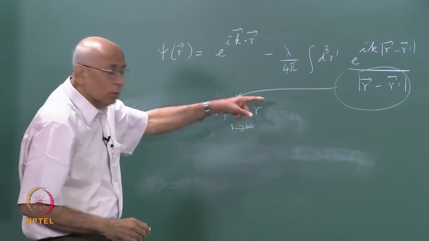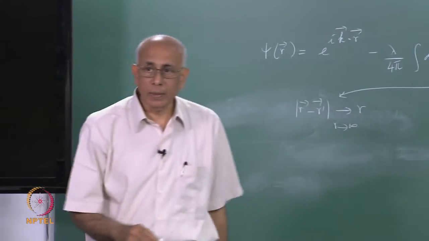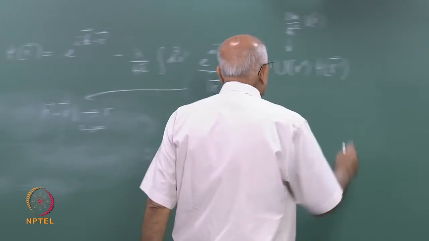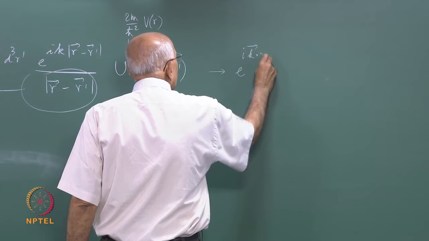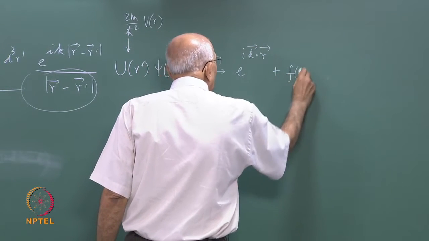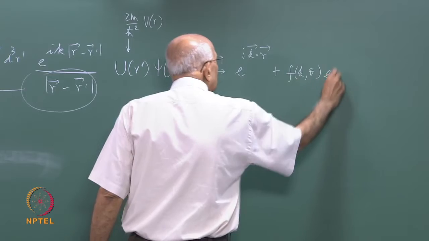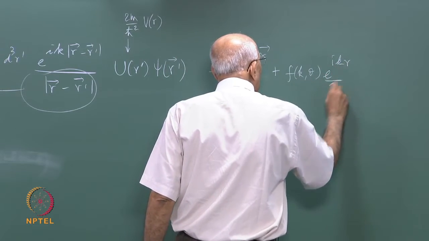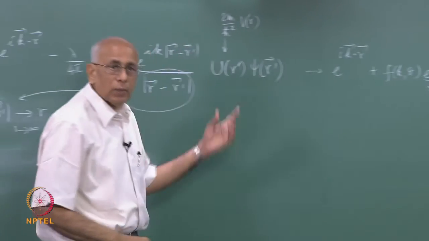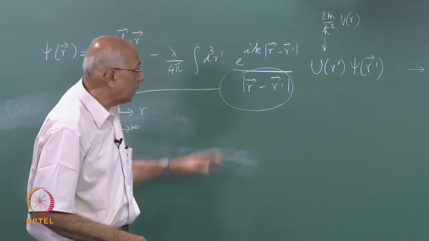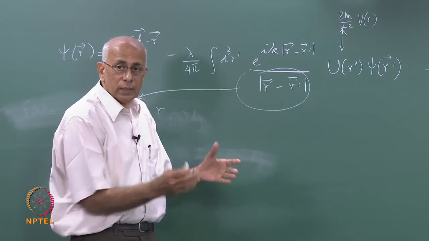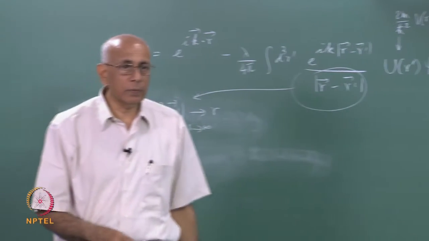So there is going to be a 1 over r, which is what we expect, and we would like the whole thing to become e to the i k dot r plus f of k comma theta e to the i k r over r. That is our asymptotic form, and I want to extract this coefficient f by taking the exact equation and extracting the large r behavior.